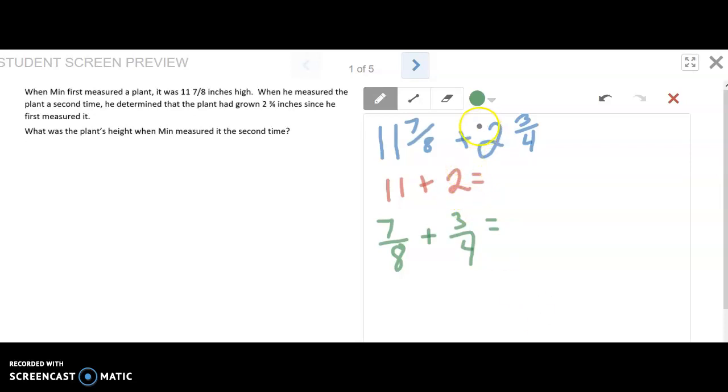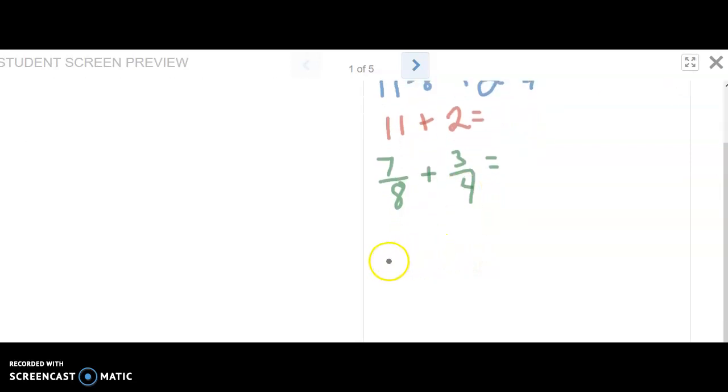Well, let's think about what we know about adding fractions with unlike denominators. So I've got 7/8 plus 3/4. 8 and 4 are not like denominators. They're not the same. So I need to find the same denominator. And right now in my head, I actually have one because I know my facts of 4s and 8s.